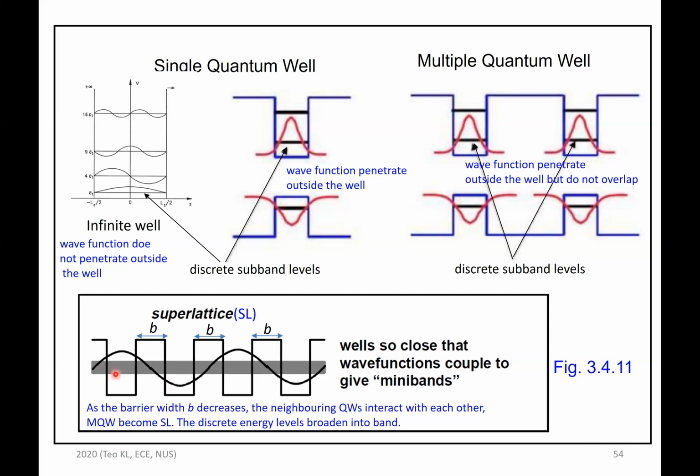Once the wave functions couple, it gives rise to a band, and we call this the miniband. So the discrete energy now broadens into a band, and such a device we no longer call a multiple quantum well, we call it a superlattice. This is another branch of semiconductor physics, which we do not want to delve into in this course because of the time limitation.